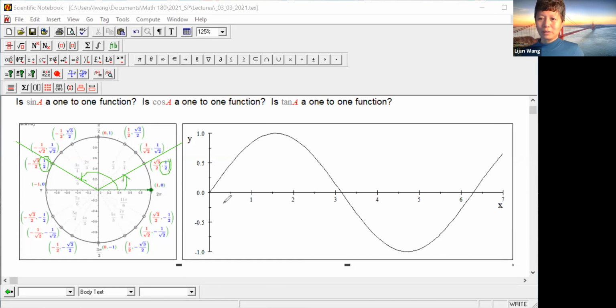Do you see them everywhere? Pi over 4, 3 pi over 4. Negative pi over 4, negative 3 pi over 4. They're all over the place, staring at you if you know how to read it.